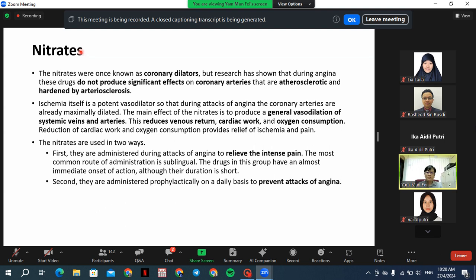Once degeneration happens, the ability to dilate cannot perform very well. So even though you use nitrate, at the end there's no significant dilation. But why do we still need to use nitrate? Because nitrate is a vasodilator for other parts of your blood vessels as well, not only the coronary artery.